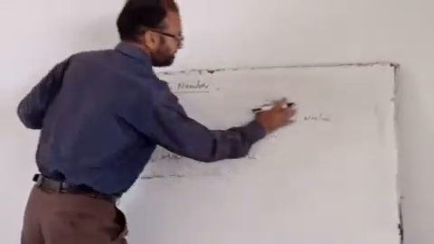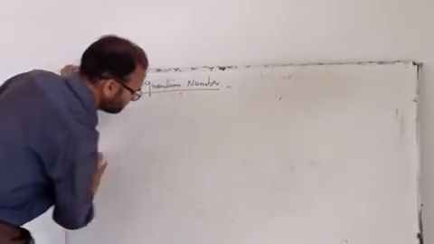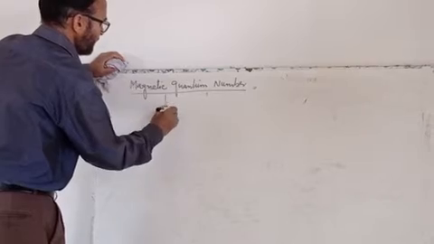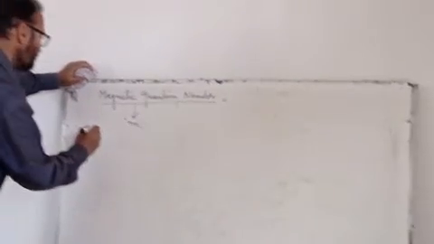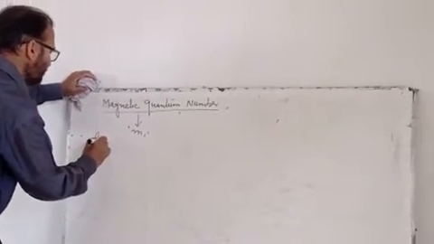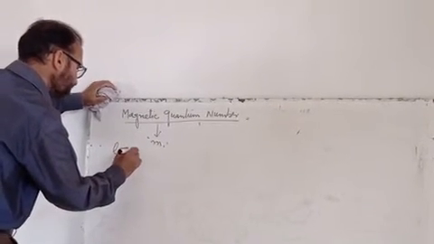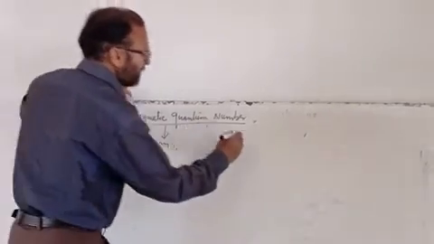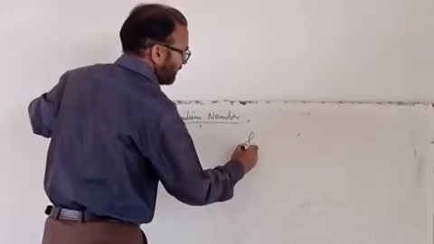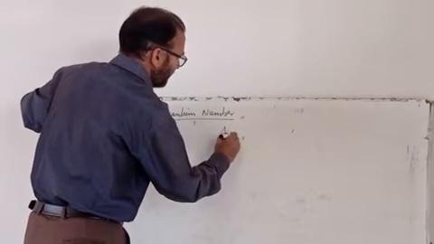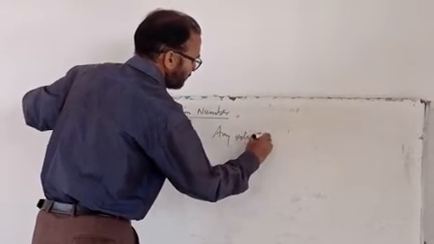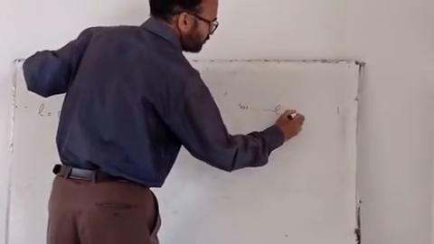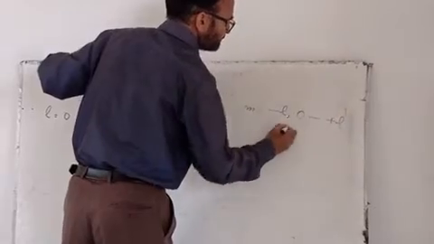This quantum number is designated by m. For any value of l, m can have values from minus l through 0 to plus l.